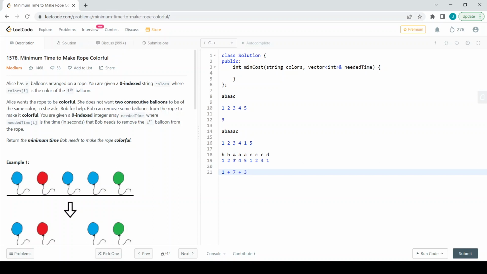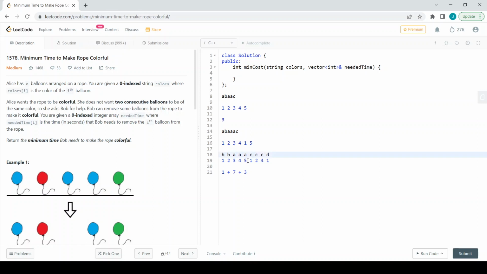But how are we removing these? As you can see, the total sum of these three consecutive balloons, 5 plus 4 plus 3, is 12. We remove the maximum value because we have to get the minimum time, so we leave the one maximum value balloon.